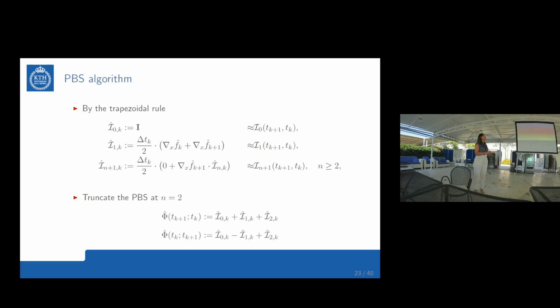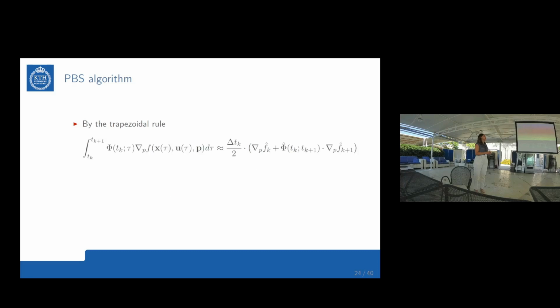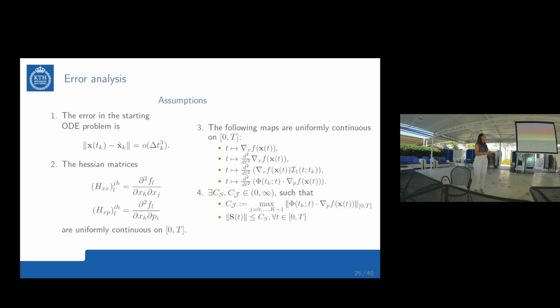And then we sum all these summands to define the transition matrix, but we truncate at n equals 2. Then we have another integral to approximate, again by trapezoidal rule. And finally, we can compute the sensitivity matrix at time step k plus 1, given the initial condition at time step tk. So this was the PBS algorithm.